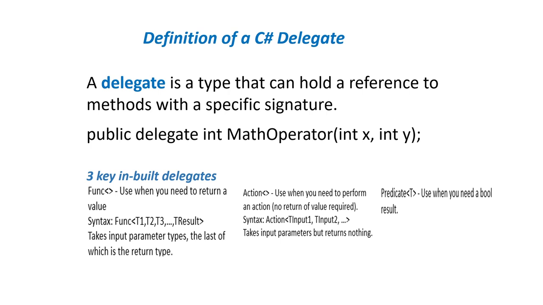That true or false outcome is then the result that will be returned. When you have that kind of situation, then Predicate becomes the right delegate for you. So the three most critical inbuilt delegates are the Func delegate, the Action delegate, and the Predicate delegate.